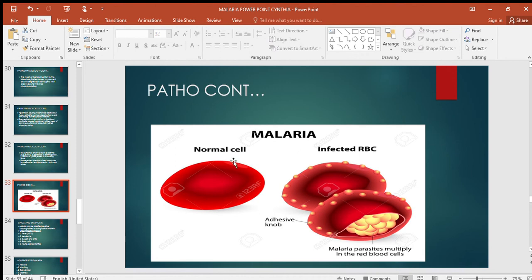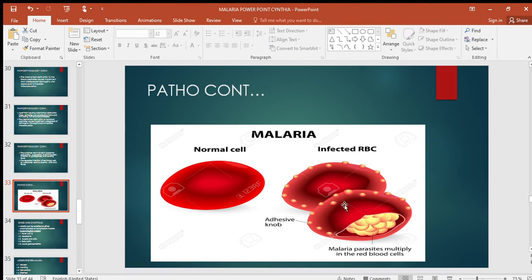So this is what we are talking about. These red blood cells here are the ones which are infected by the malaria parasite, as we can see. The parasites are in these red blood cells, and they can't move because they are heavy, and if they cannot move, they adhere themselves to the lining of the blood vessels, which will cause mechanical obstruction.